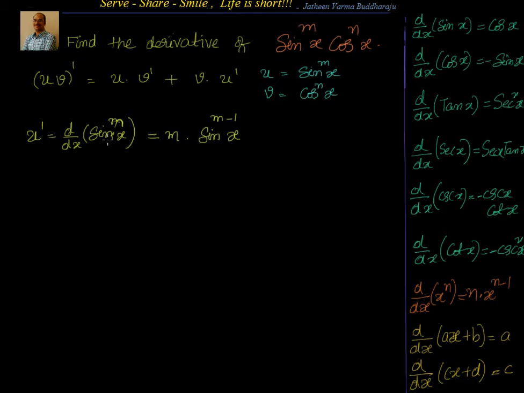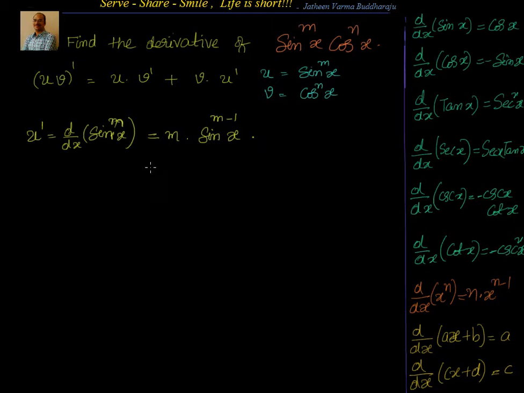d by dx of sine to the power of mx is what you want to find out. At high level I have a function where the variable itself is a function, so I have to apply the chain rule. Let us say this sin x is some z. I have z to the power of m. I know the derivative of z to the power of m is m into z to the power of m minus 1, but z is nothing but sin x.